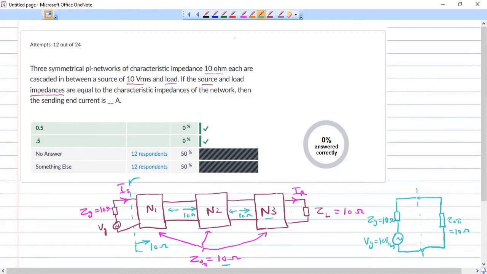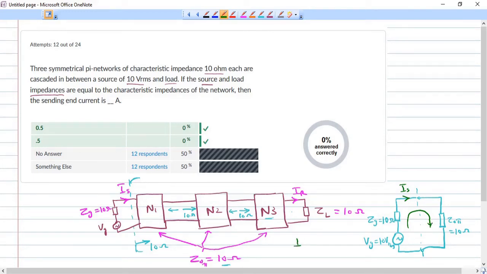Now you are asked what is the sending end current Is. So we have a 10 volt source and we have 10 ohm in series with another 10 ohm. So what should be equal to Is?